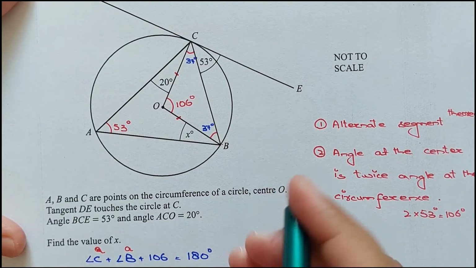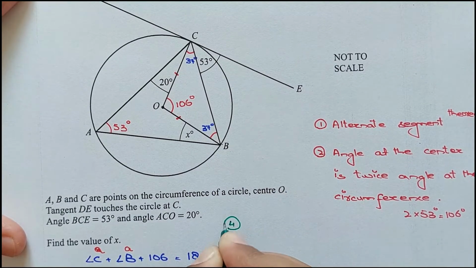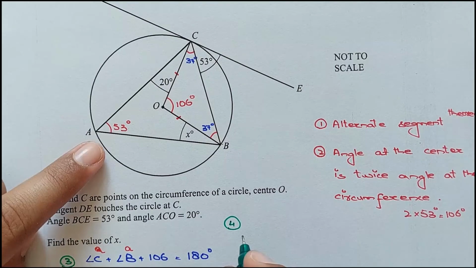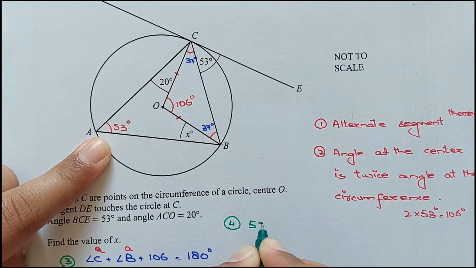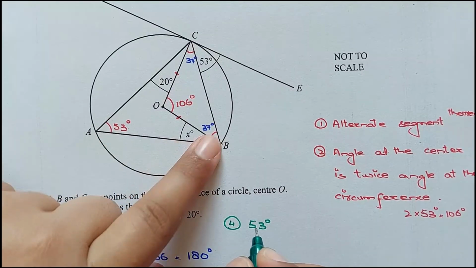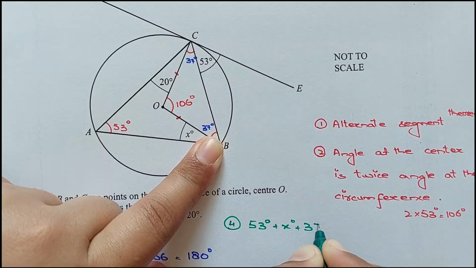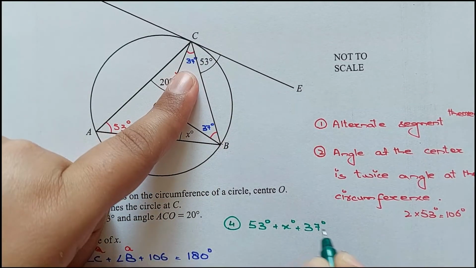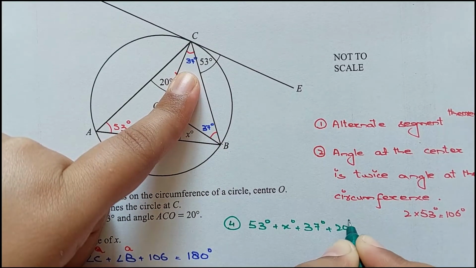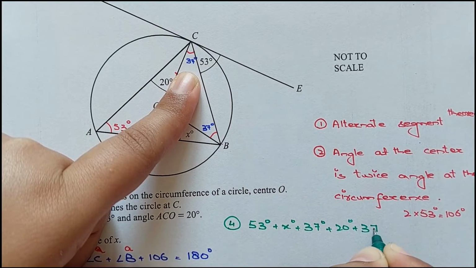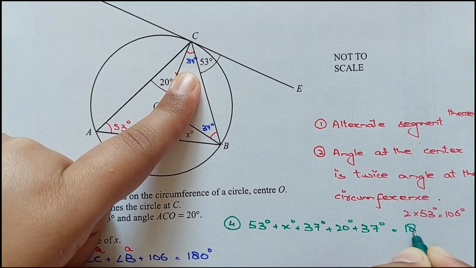Right. So using the triangle, this is number 4, this is number 3. Sum of all angles of a triangle. Angle A is 53 degrees. Angle B is X and 37. And what is angle C? 20 and 37. This adds up to 180.